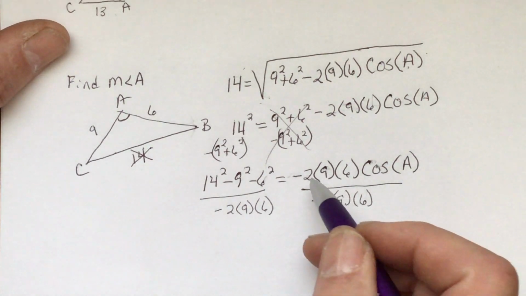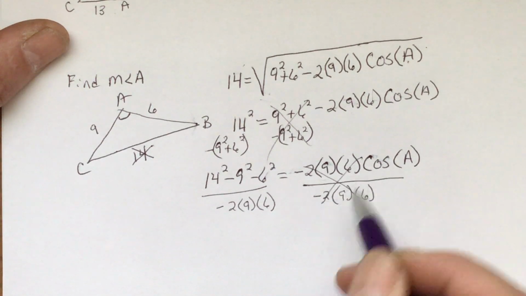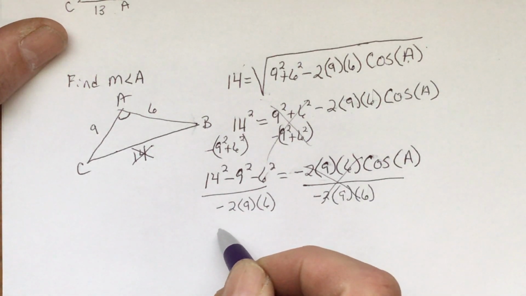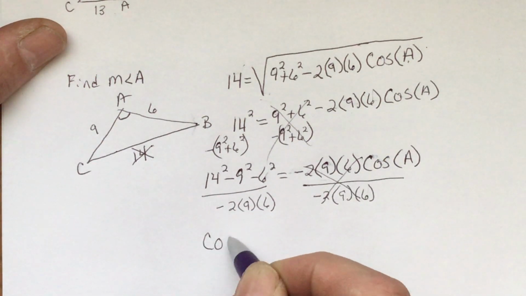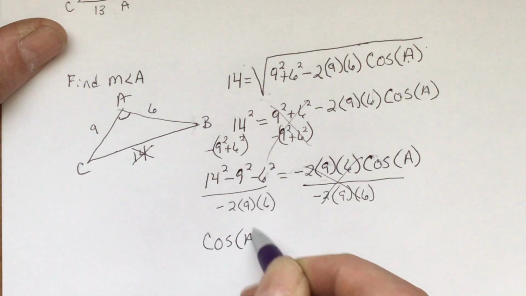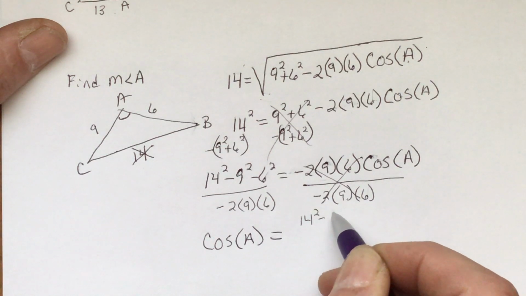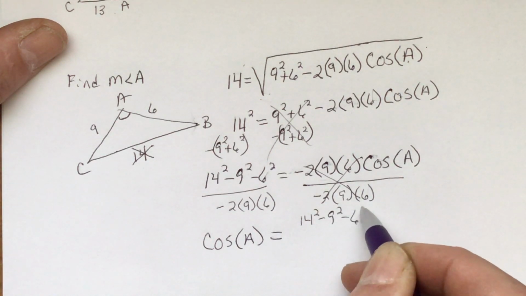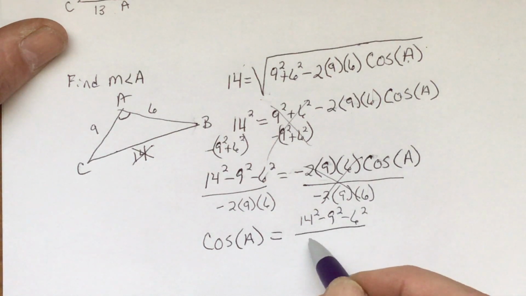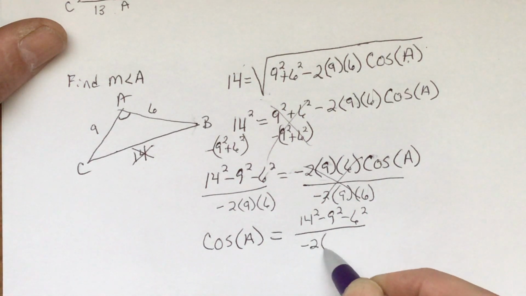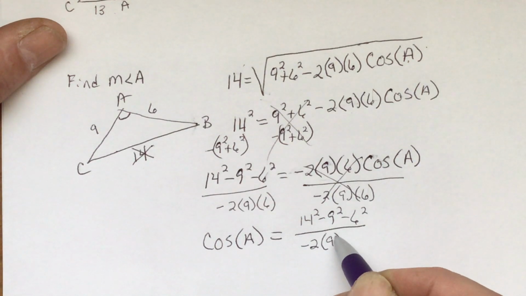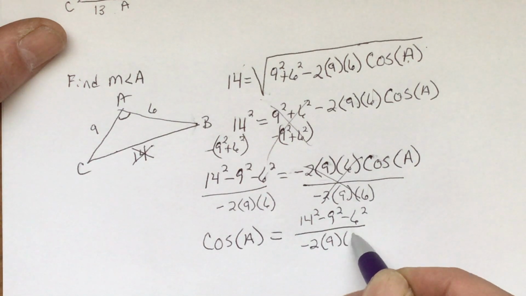Yep, and that cancels this part out, and we're left with cosine of A equals 14 squared minus 9 squared minus 6 squared being divided by negative 2 times 9 times 6.